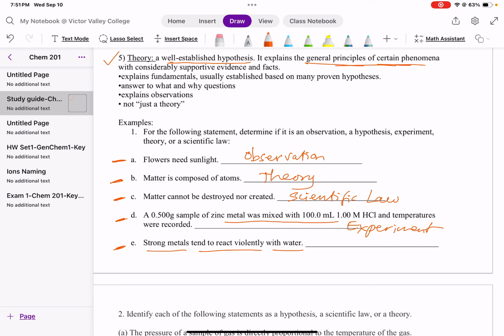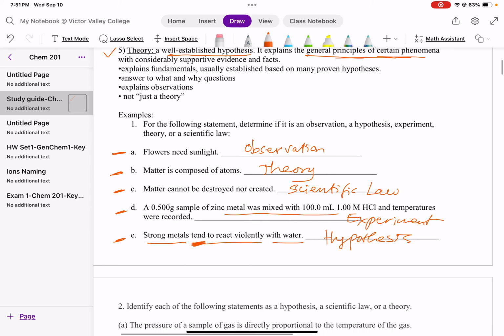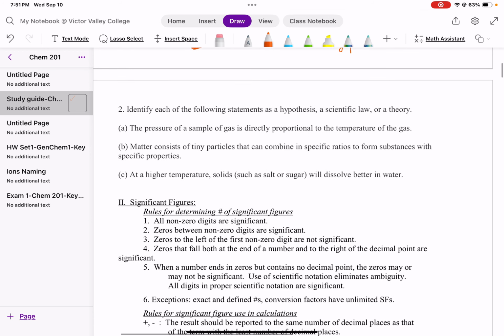That looks like an observation, but it's actually a hypothesis because there's a conclusion there. There's a prediction there: what's going to happen if you do this? There's an explanation there: if you mix strong metal with water, they tend to react violently. You still have to test that. So that's why it's a hypothesis.